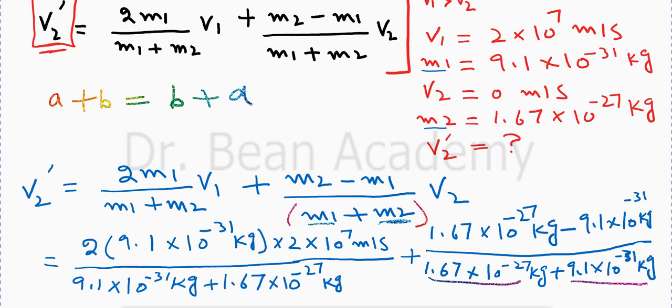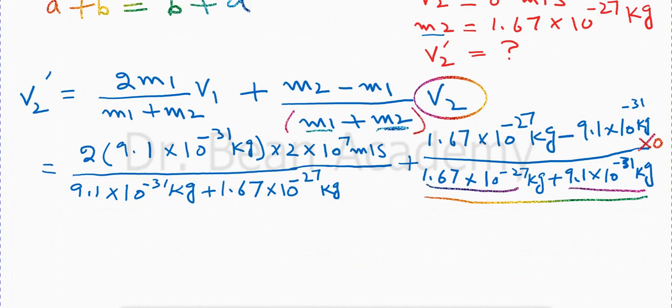And then we need to multiply it with velocity v2, and v2 is 0, so this whole term will be multiplied with 0. Actually I didn't need to do all of this calculation, I could just assume it as 0 and I could solve the question anyway.